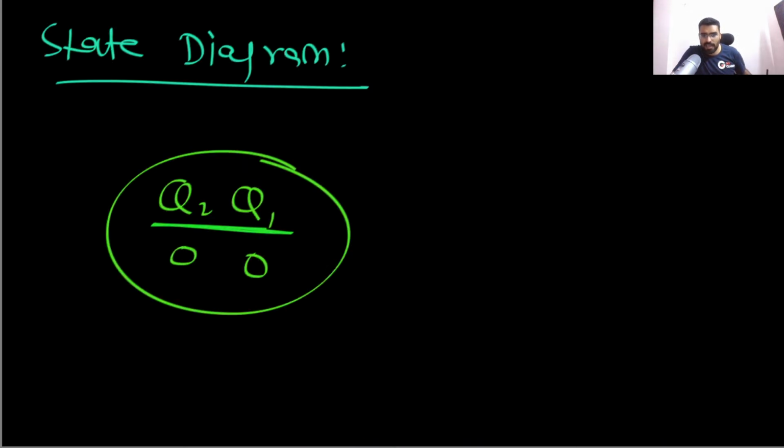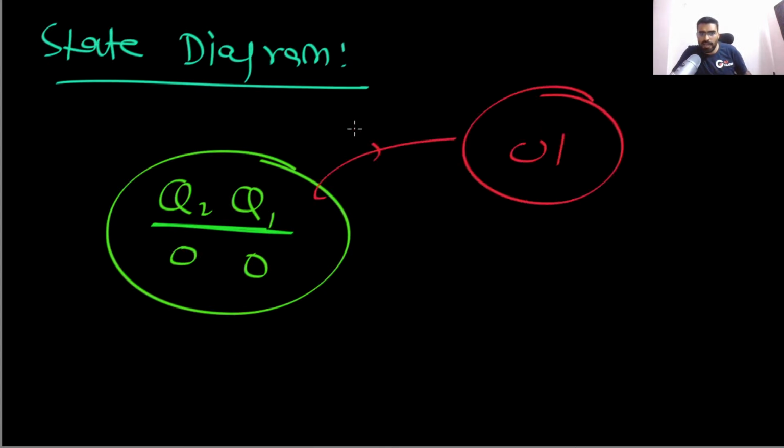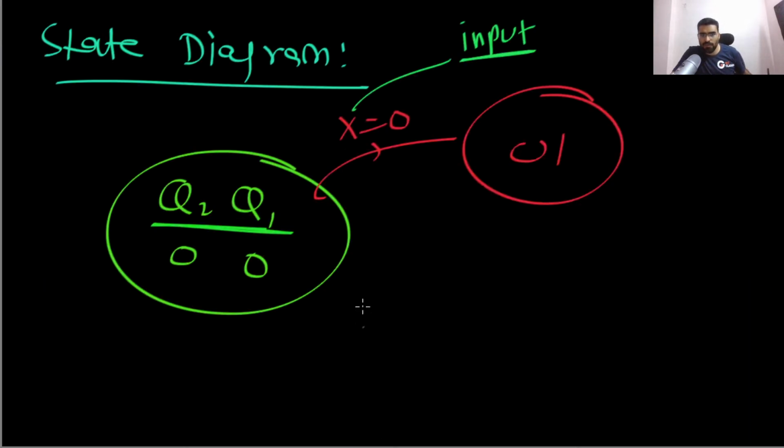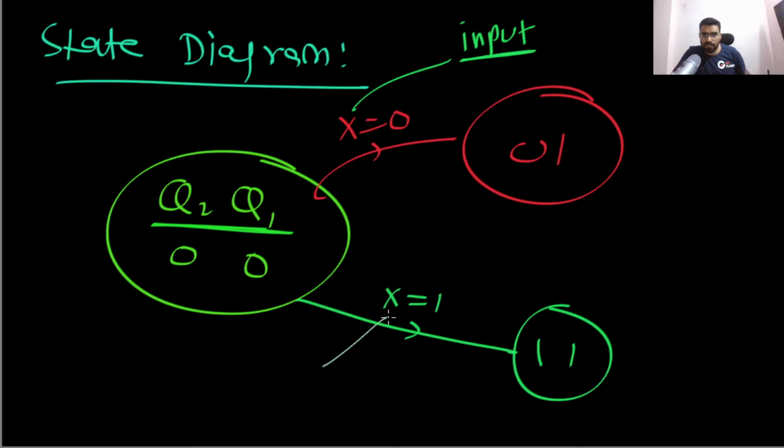If the input is 0, then I will go to 0, 1. What else? If input is 1, I will go to 1, 1.